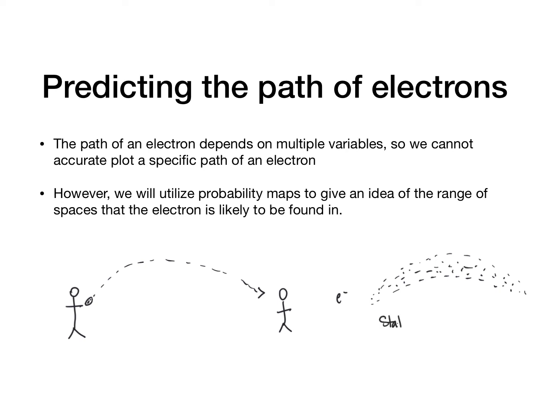So we're going to start to think about where it is likely to find the electron. Basically saying, if we can't know exactly where it is or how fast it's going, we can start to think about where it is most likely to be located. So in the next video, we're going to look at where we could find the electron.